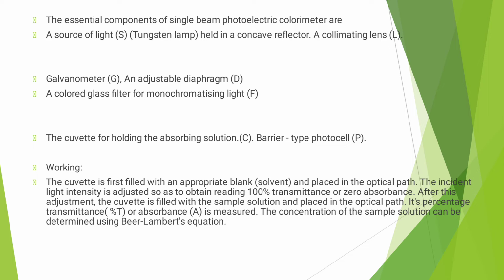After this adjustment of 100% transmittance and 0% absorbance, fill the cuvette with the solution whose absorbance is to be determined. Then place this cuvette into the path of the radiation, and the radiation gets absorbed, and its percentage transmittance or absorbance is measured, which is nothing but the optical density, nothing but the absorbance.